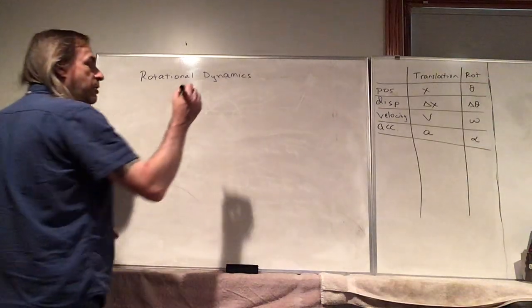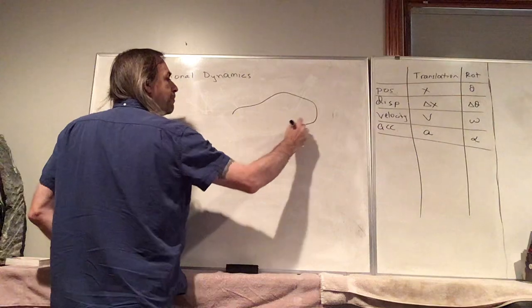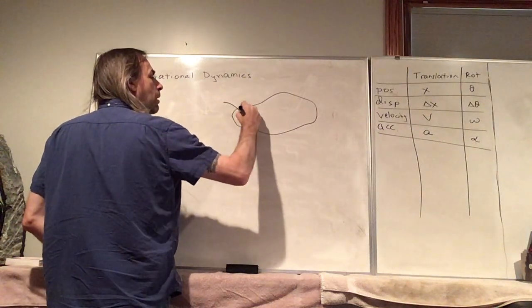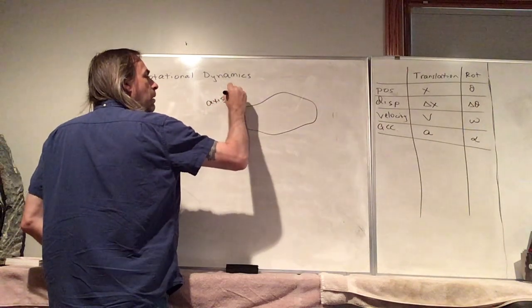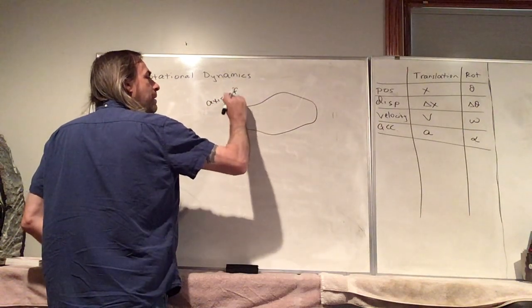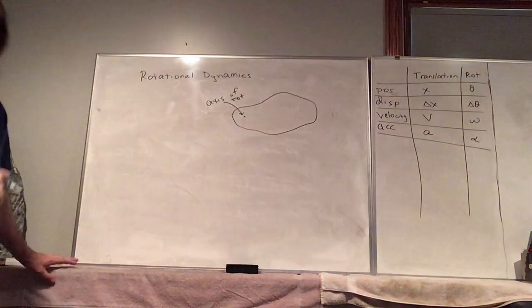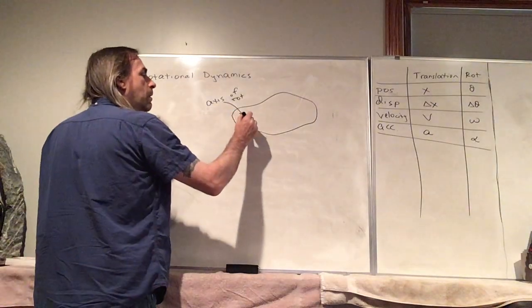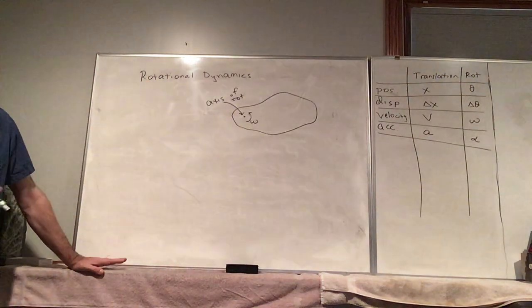So to start out, I'm going to draw some general object. And say it has an axis of rotation, which is perpendicular to the board. And say this object is spinning about this axis with an angular velocity omega.